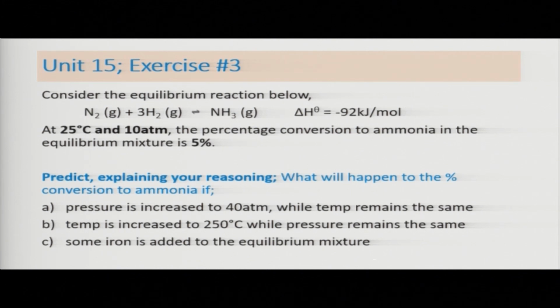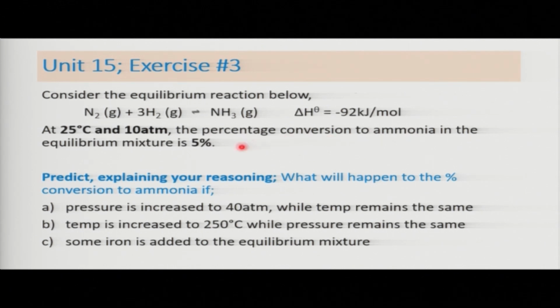So, as usual, I always leave you with an exercise to check your understanding. And as I told you from the start, it is much more on the production or the formation of ammonia. So we have this question. We are having temperature and the pressure, and the percentage of ammonia at equilibrium.